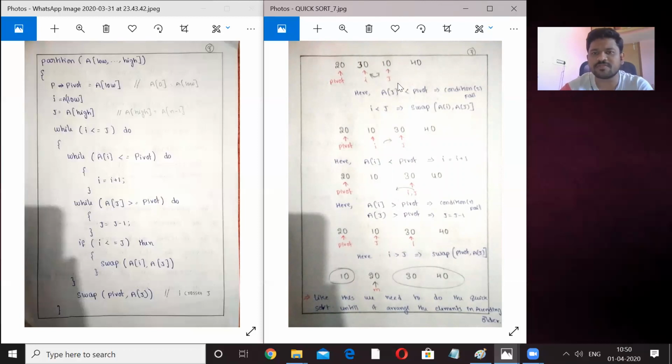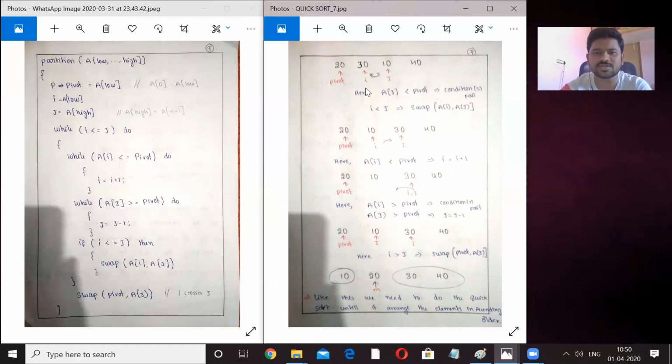Now A of j is 10 and my pivot element is 20. Here A of j is less than the pivot element, so this condition fails. So it will go to the next condition, that is I is less than j. Yes, swap A of I and A of j.